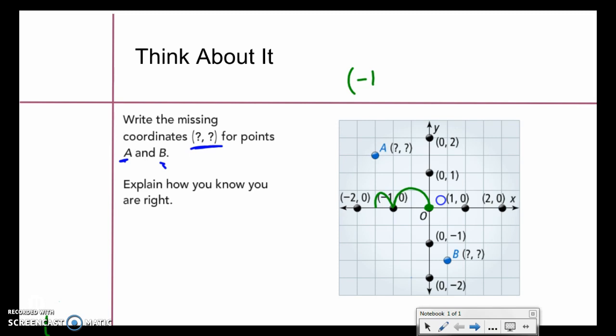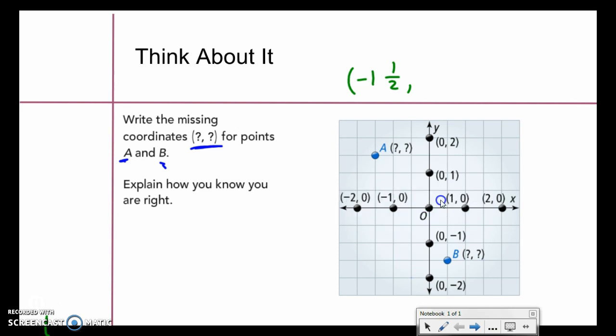But then we've gotten almost to negative 2. And according to our graph, every 2 spaces is 1 whole. So our denominator is going to be 2. Our numerator, we've gone 1 of the 2 spaces. So our numerator is going to be 1. Okay? So the x-coordinate is going to be negative 1.5.